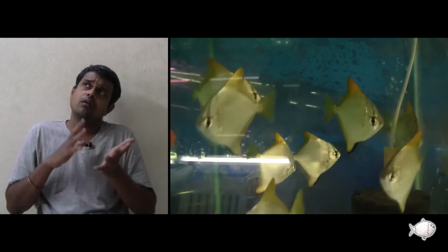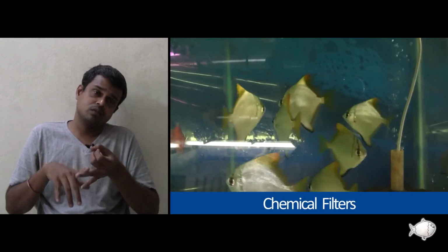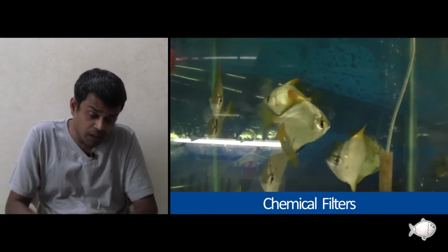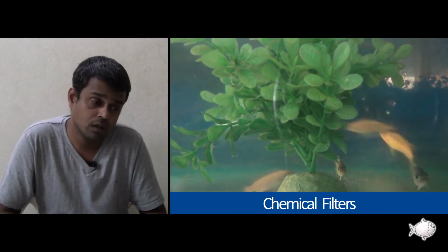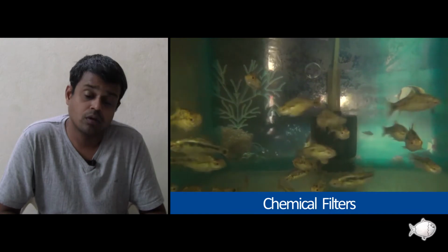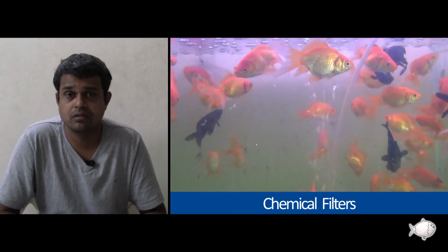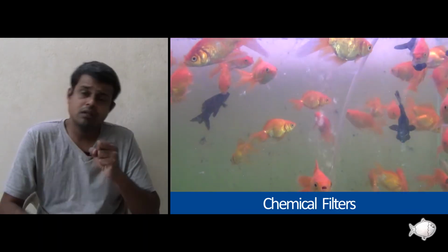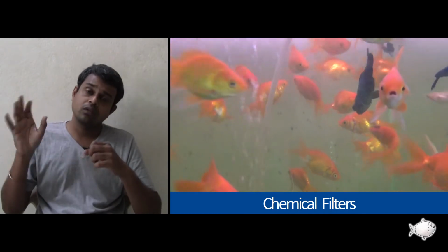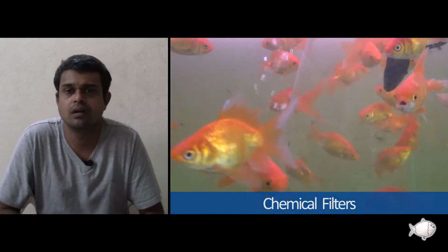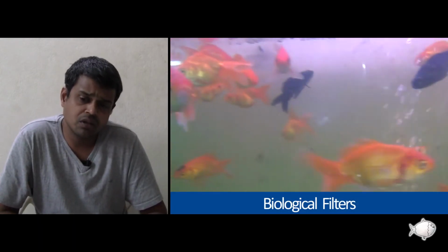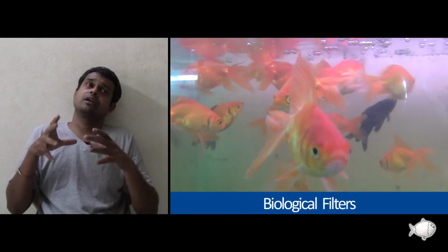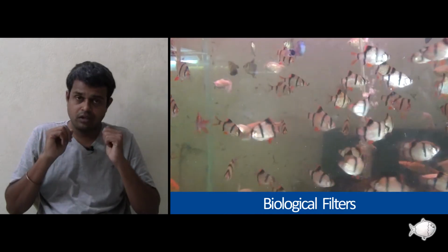When it comes to chemical filters, what are they? Chemical filters absorb any excess chemicals which are harmful to the fish. They absorb all the chemicals when the water is run through those media. And a biological filter is, for example, a sponge filter.